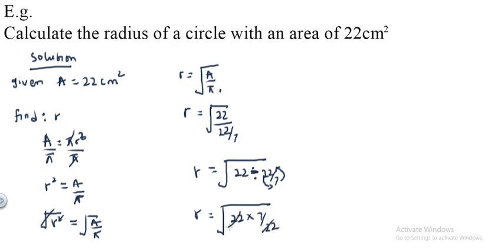This cancels out this, and you have r is equal to the square root of 7. r is a unit of length, so we can say this is the square root of 7 centimeters. Or we can rewrite this in decimal places and say r is equal to 2.65 centimeters.